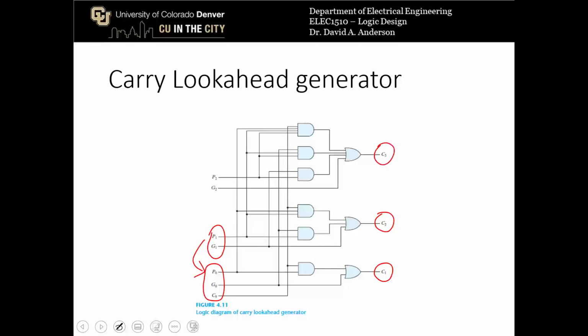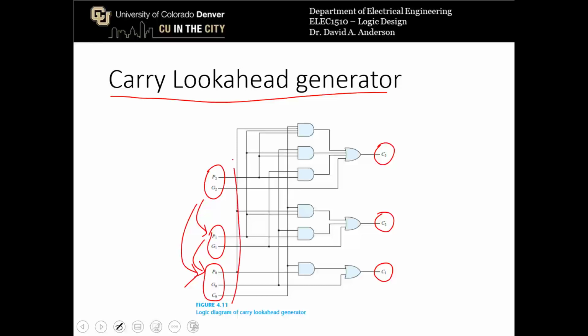C3 is formed as even more complicated circuitry of P sub 2, G sub 2, and these variables and these variables. If you went to C sub 4, C sub 5, etc., it would just get more and more complicated. So this is called a carry lookahead generator.